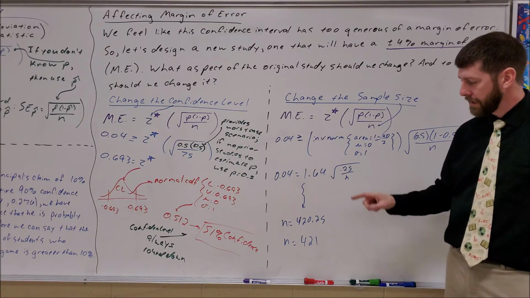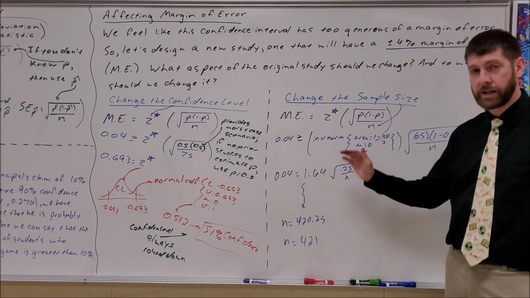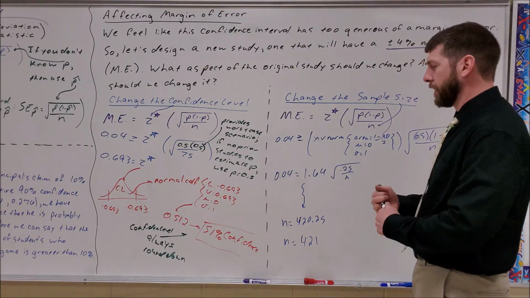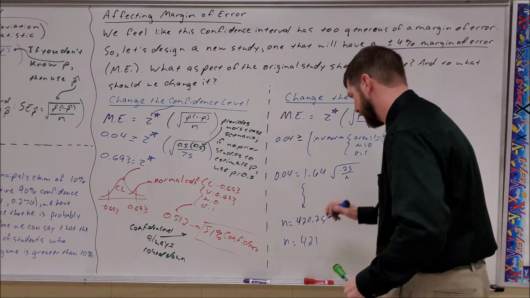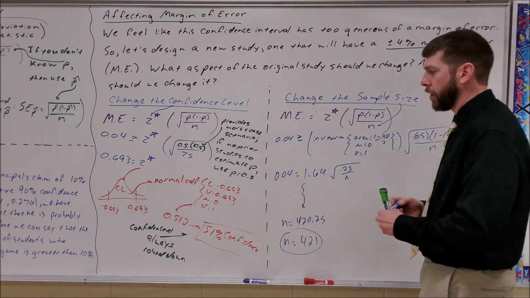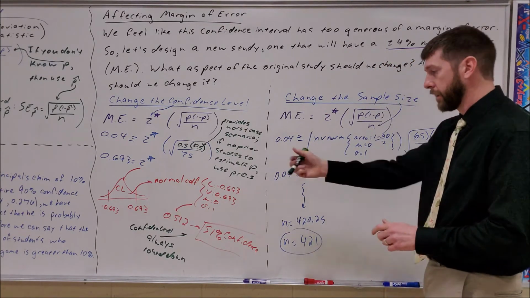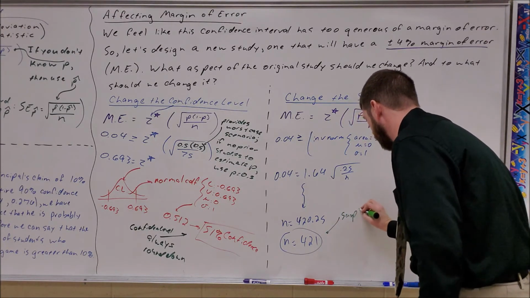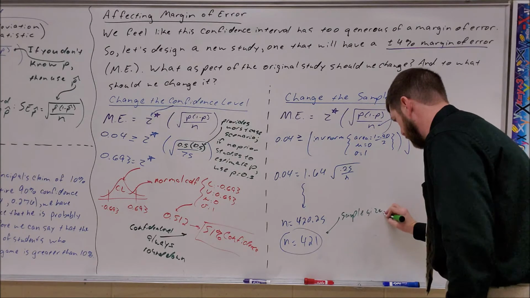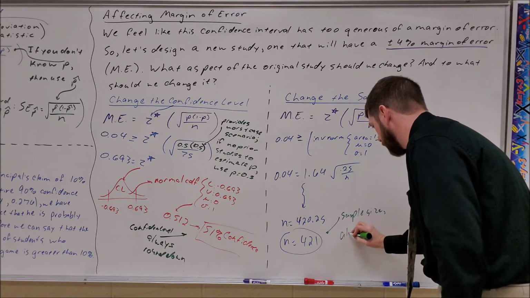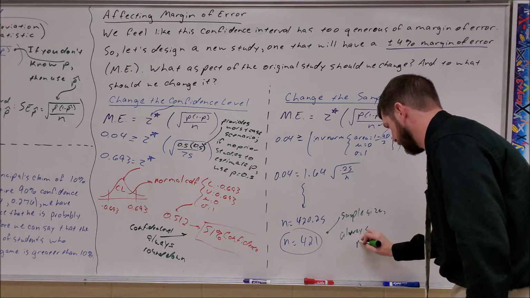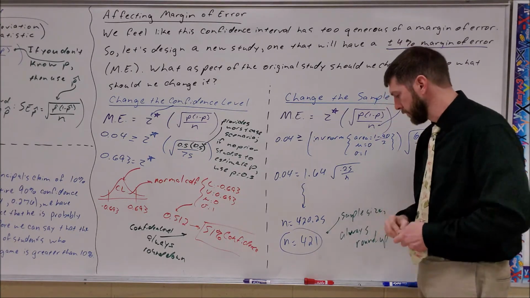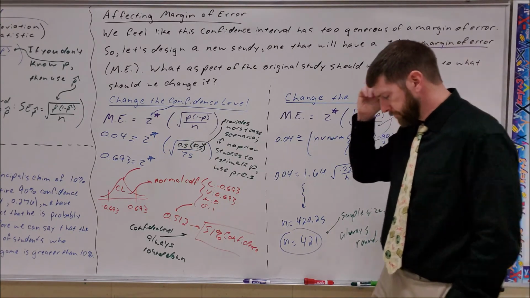My sample size has to be at least 420.25, so I can't round down, I've got to round up. So if I'm dealing with confidence levels, I'm always going to round down. If I'm dealing with sample size, I'm always going to round up.